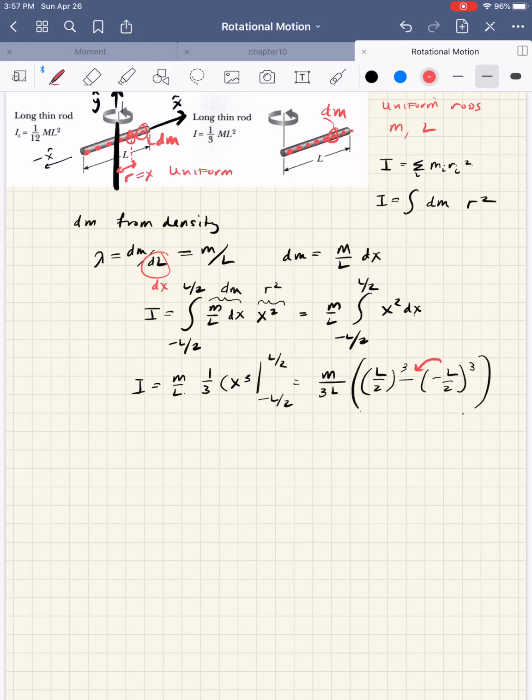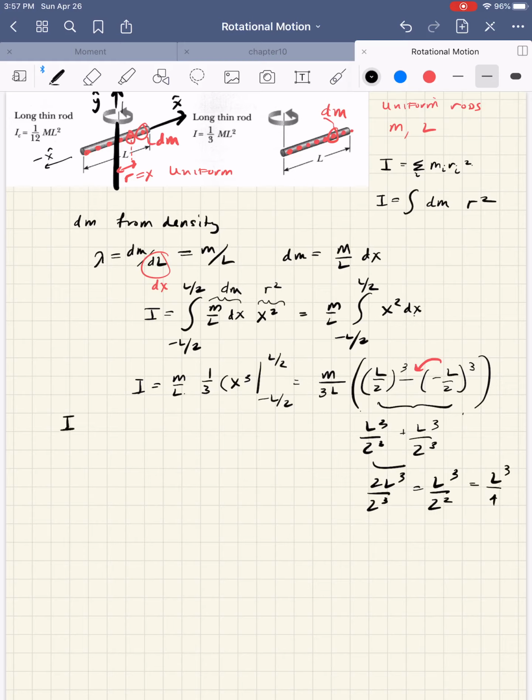Here, the minus sign can come right on out to give me L cubed over 2 cubed plus L cubed over 2 cubed, which is, of course, just 2L cubed over 2 cubed, which equals L cubed over 2 to the fourth. Fourth, what? 2 squared, or 4.